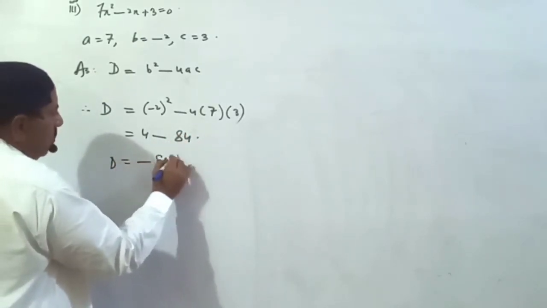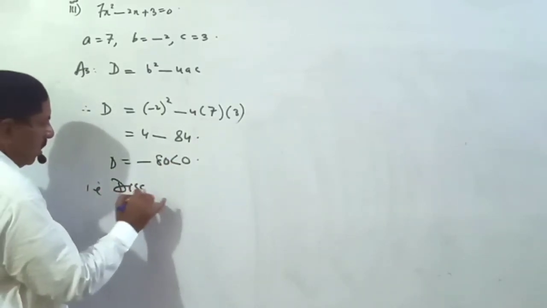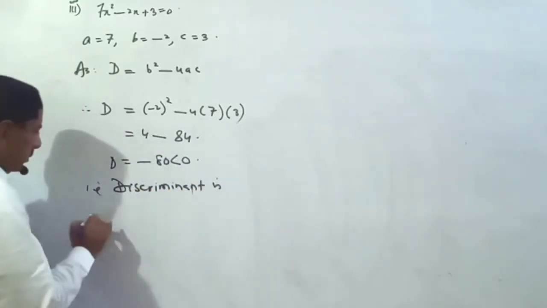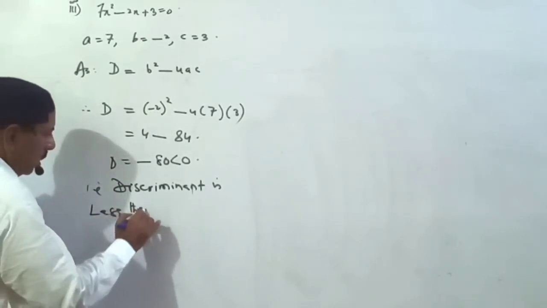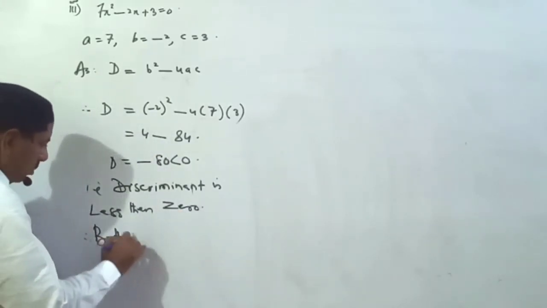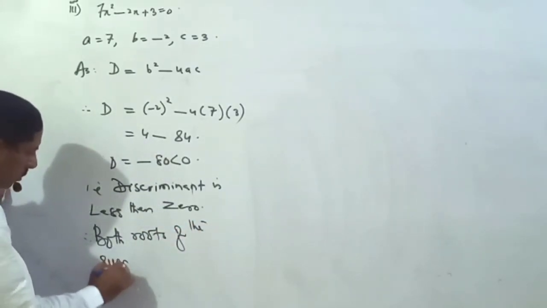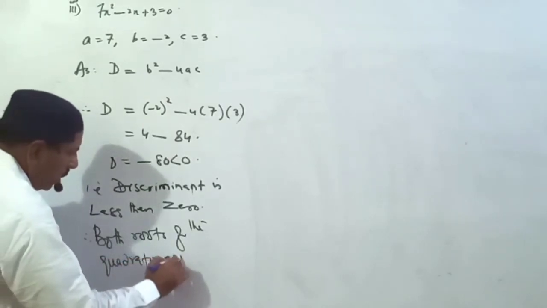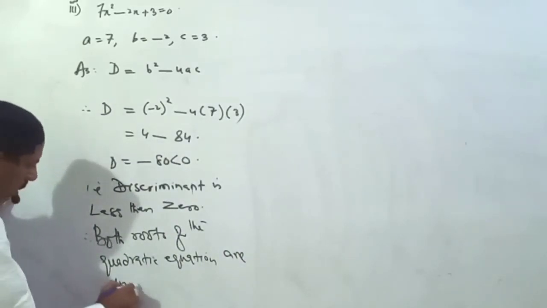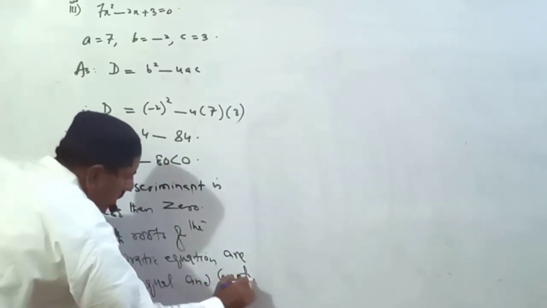Discriminant is equal to minus 80, which is less than 0, i.e. discriminant is less than 0. Therefore, both roots of the quadratic equation are unequal and complex.